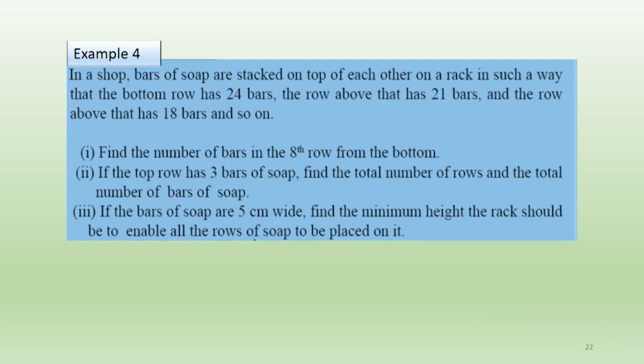And the second part: if the top row has 3 bars of soap, find the total number of rows and the total number of bars of soap. If the bars of soap are 5 centimeters wide, find the minimum height the rack should be to enable all the rows of soap to be placed on it. Okay, we have to find the answers of this. Then we are going to discuss that.